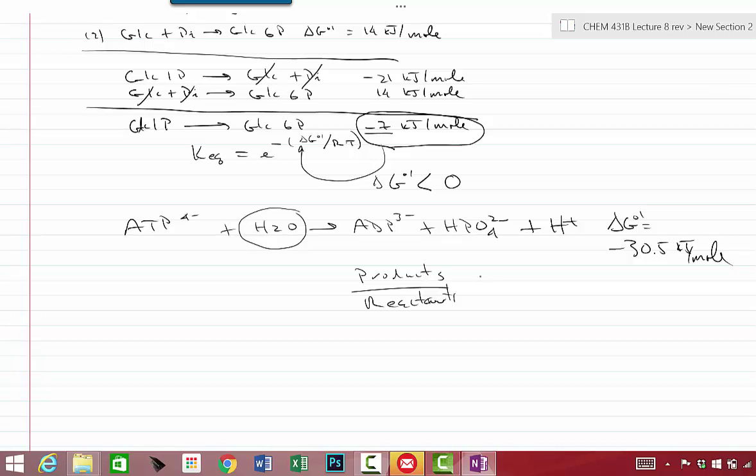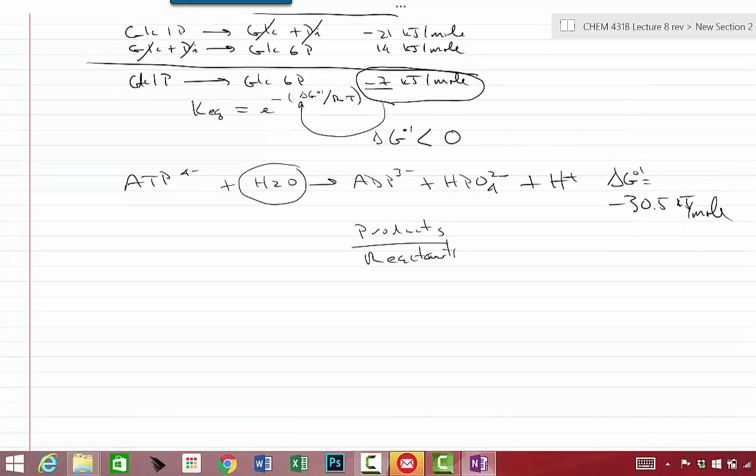So its overall concentration does not change in the cell or in the body when we have these reactions that use water. So that's why we don't include water as one of our products or one of our reactants. Although, of course, we know that it is reacting, because its concentration is so high, it doesn't count.